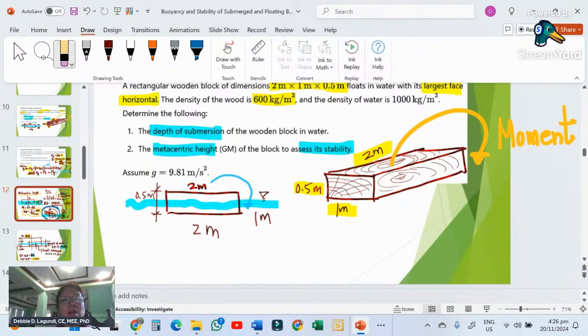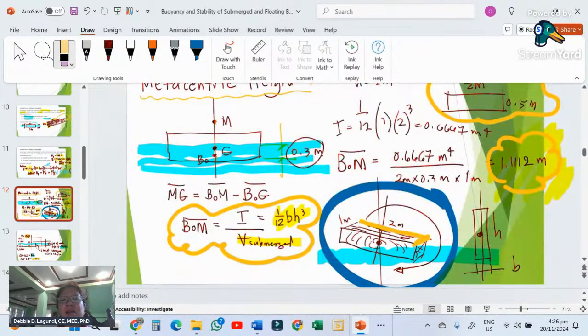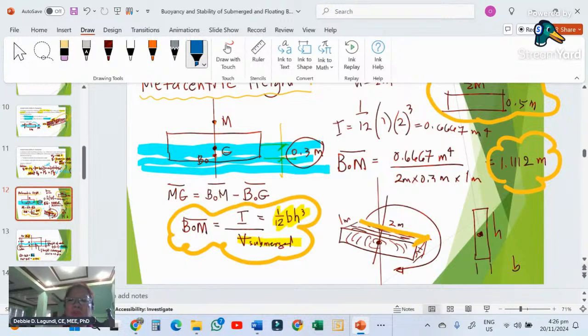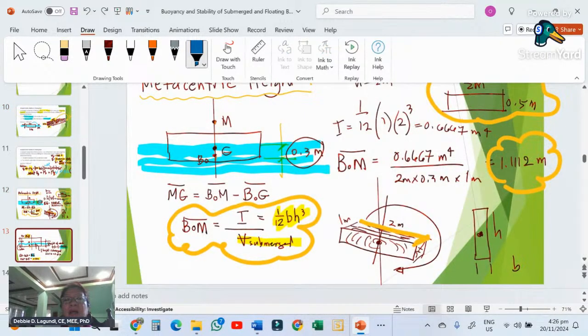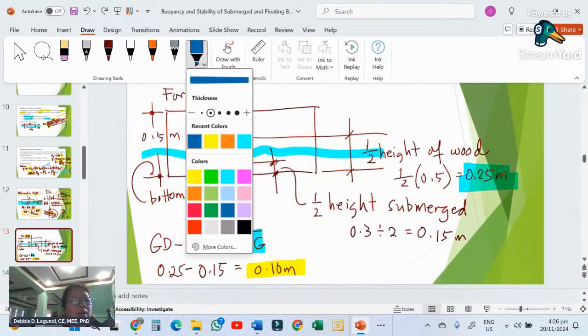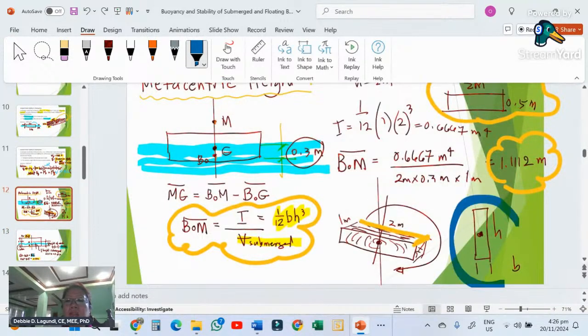It doesn't tilt on the 2 meter side. If that's the case, then you will have this illustration here.